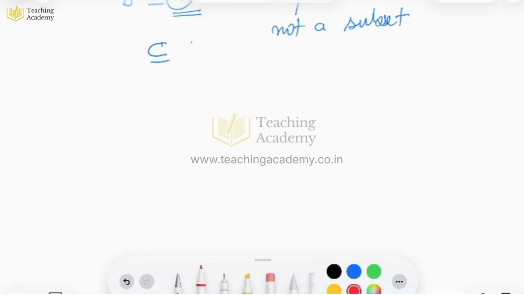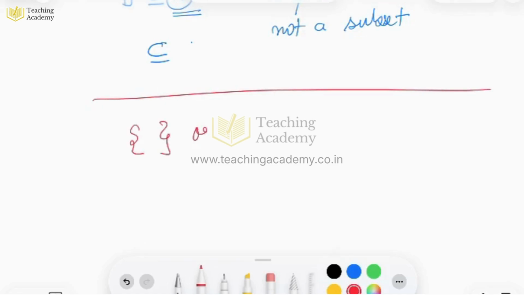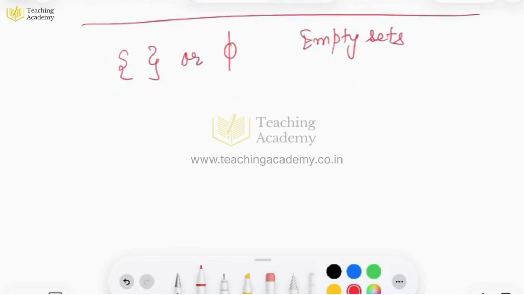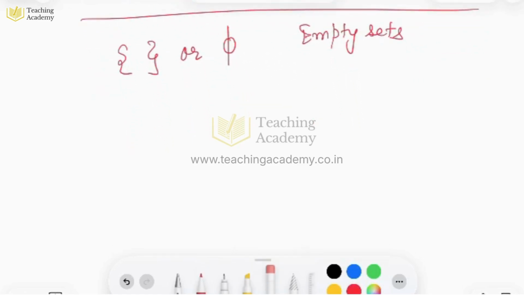Next is, if I am drawing anything like this, or if I'm writing this, this denotes the empty set. Basically, when there is no matching of the element or none of the element is there in the set, then we call this thing the empty set.